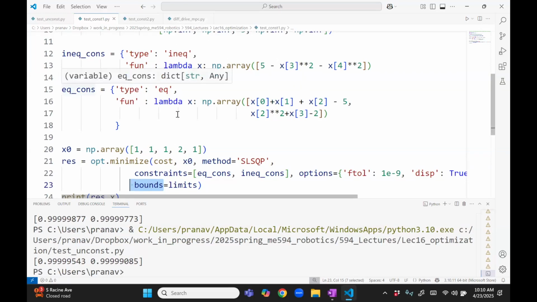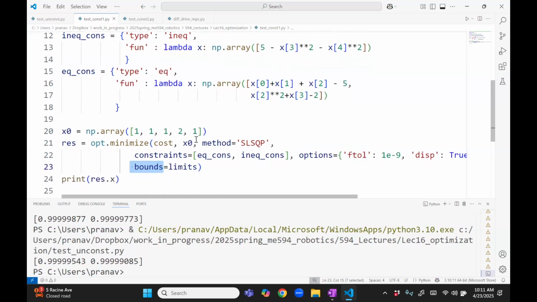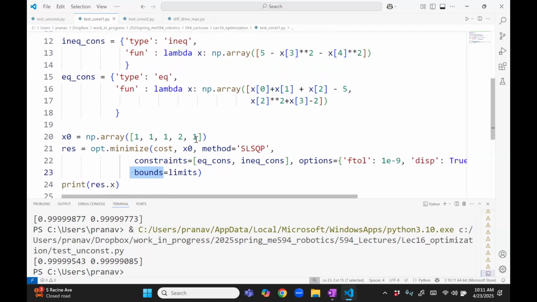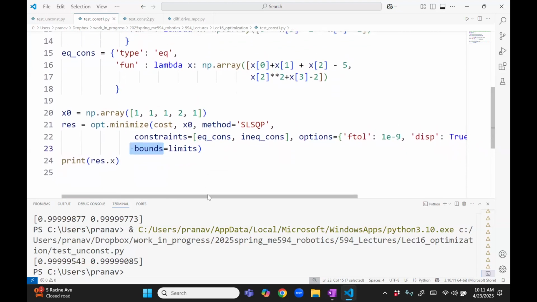So equality constraint, we have x0 plus x1 plus x2 minus 5 is equal to 0, and then this is equal to 0. The function is called, I think, lambda x. I think that just means it's the input.